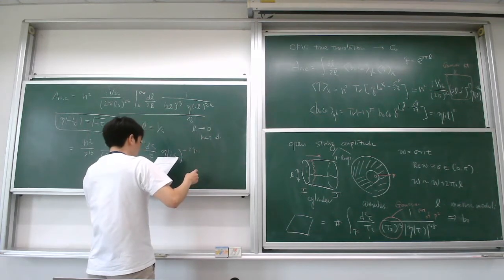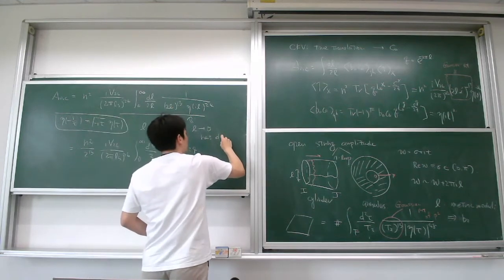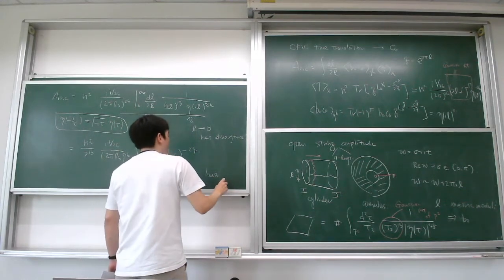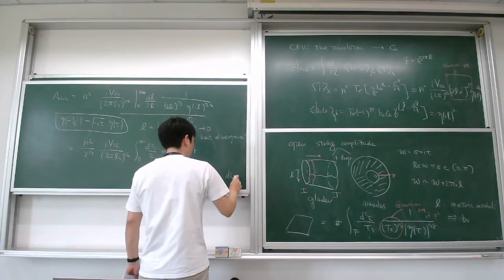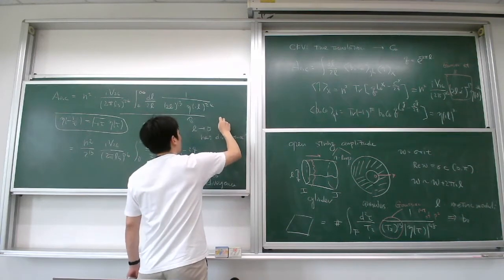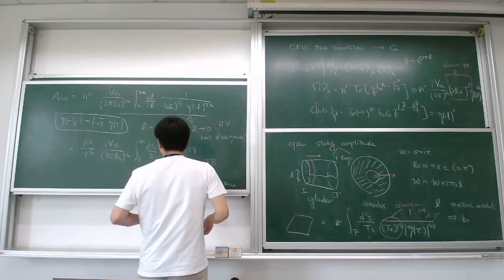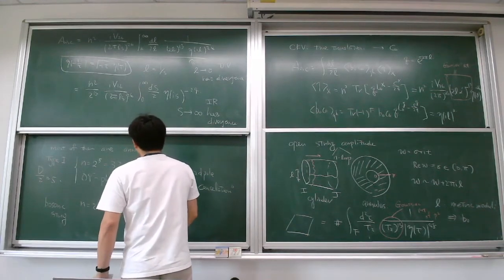Yeah. So due to this factor, divergence. So now here S goes to infinity has divergence. And this can be understood as UV divergence. This can be understood as IR divergence. So using the modular property, one can always map UV divergence to IR divergence in string theory.